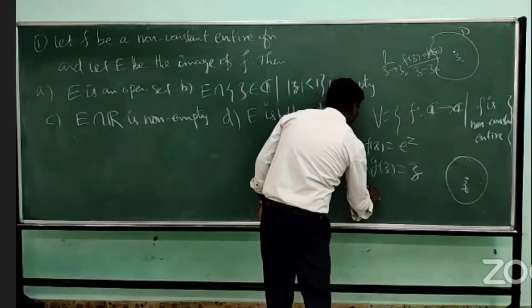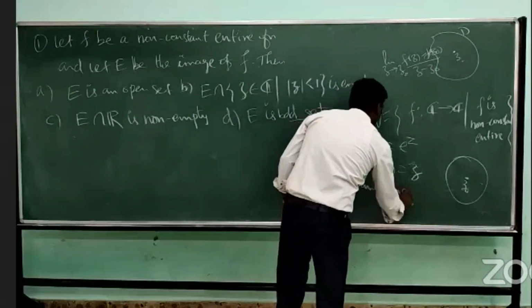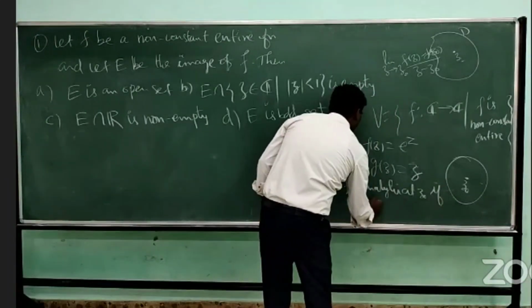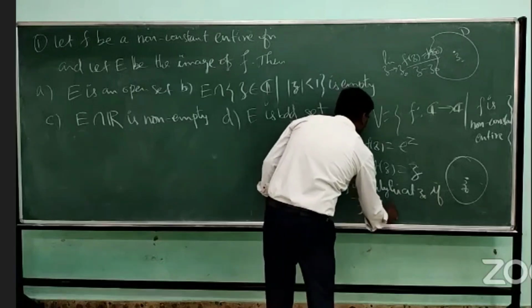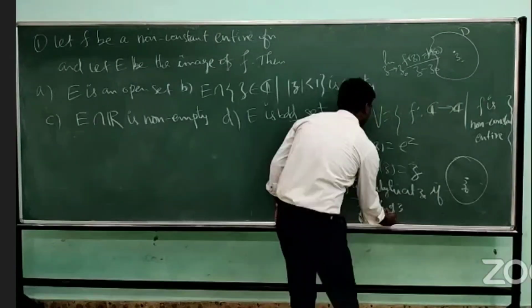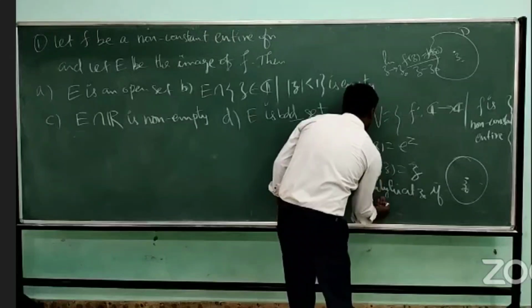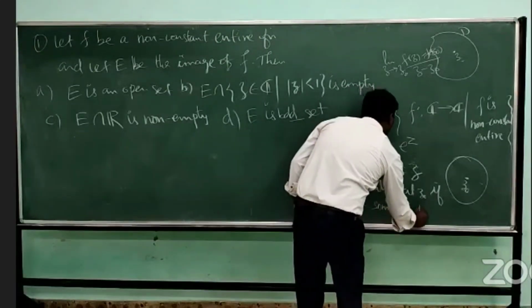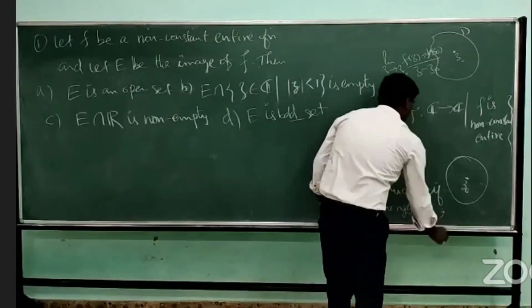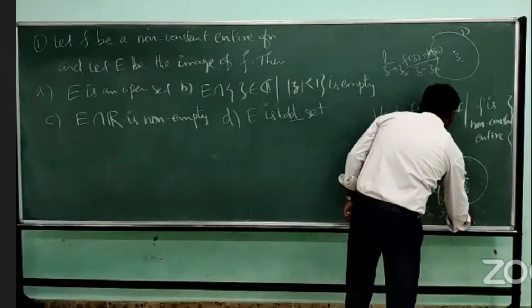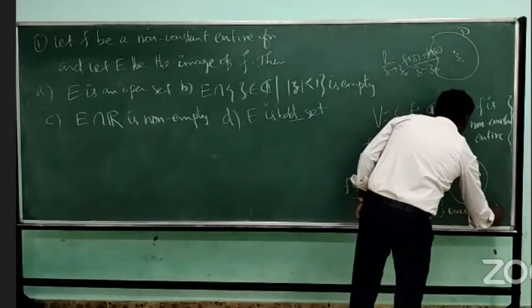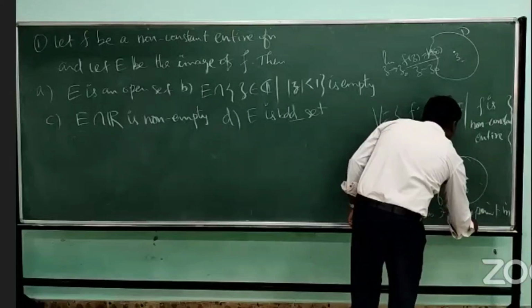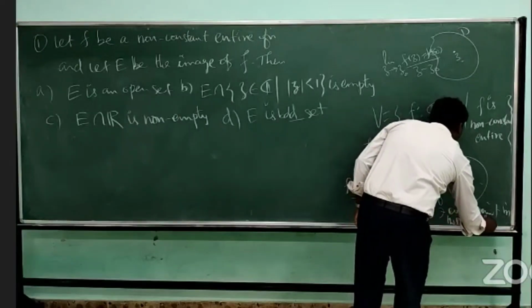F is analytic at Z0 if there exists some neighborhood of Z0 such that every point in the neighborhood is differentiable.